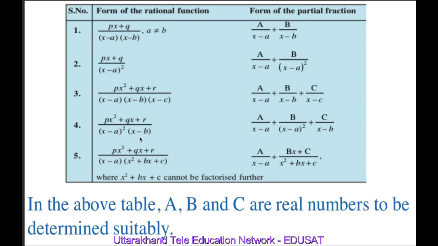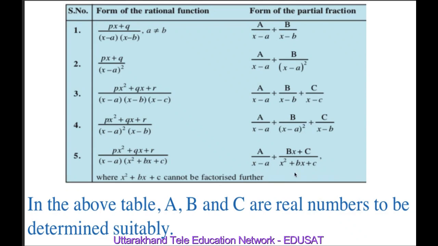And if the rational function is of the form (px square plus qx plus r) upon (x minus a) into (x square plus bx plus c), then we write it as A upon (x minus a) plus (Bx plus C) upon (x square plus bx plus c). Whenever we have a quadratic factor here, then we write it as Bx plus C, some constant into x plus a constant. This is the case when we have a quadratic factor in the denominator. For the linear factor, we know that we write A upon (x minus a).